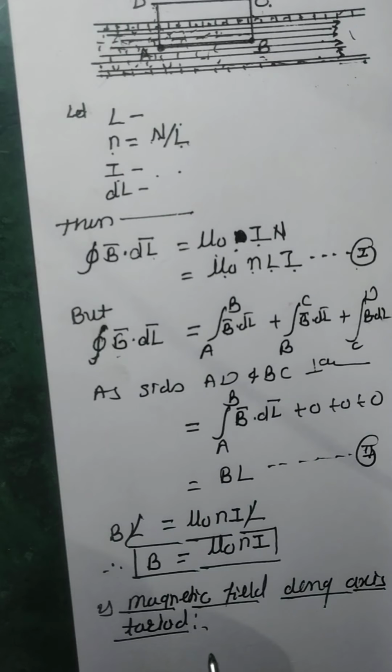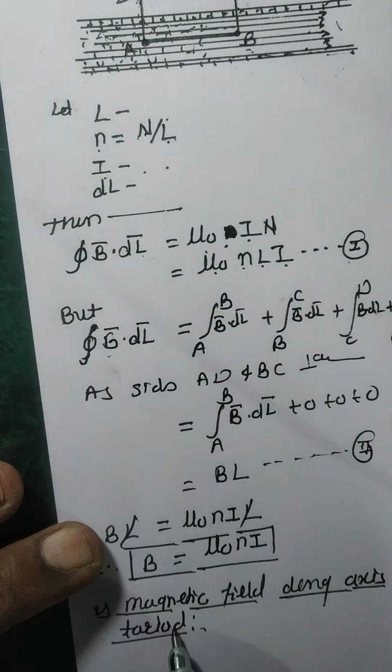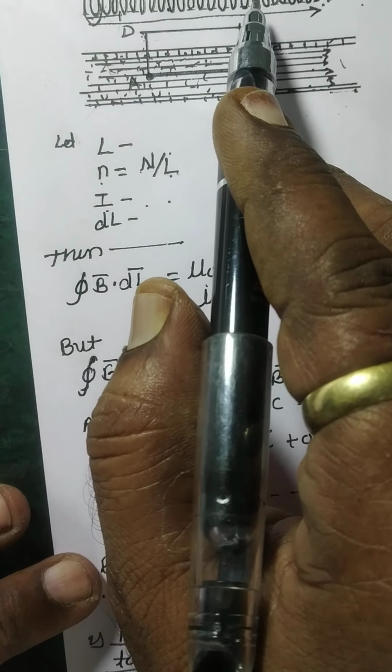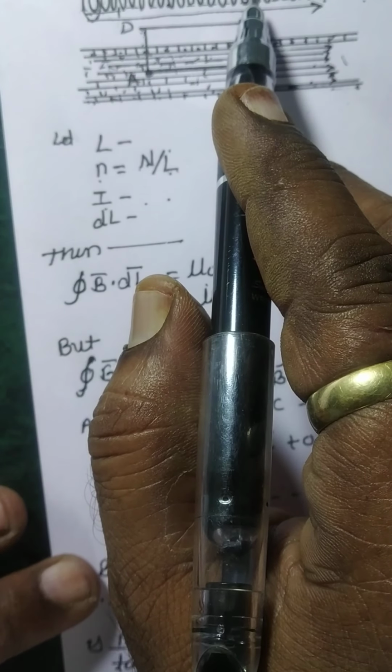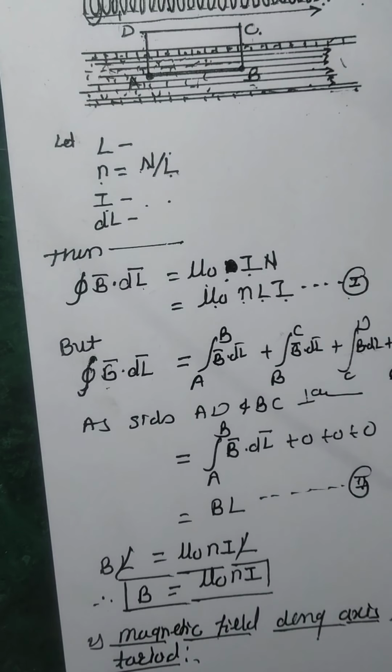What is toroid? A solenoid. हा पण solenoidच आहे. A solenoid of infinite length bent into a hollow circular tube.